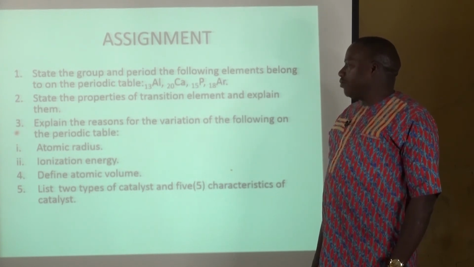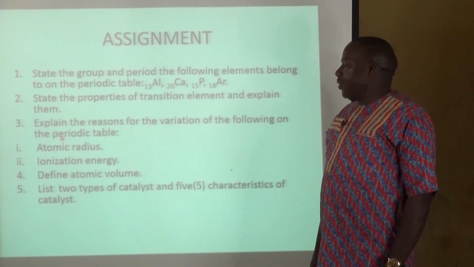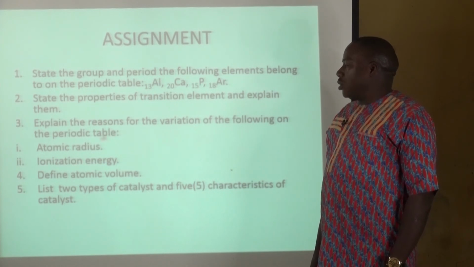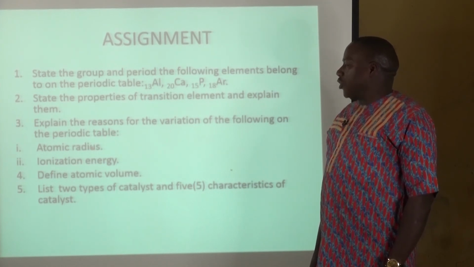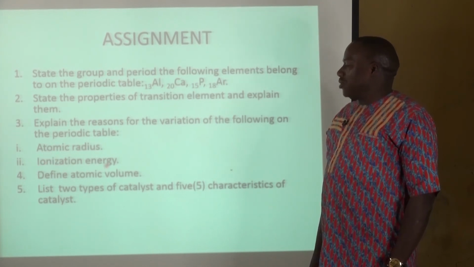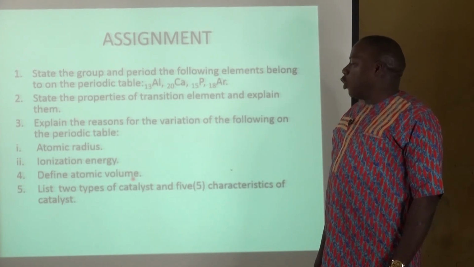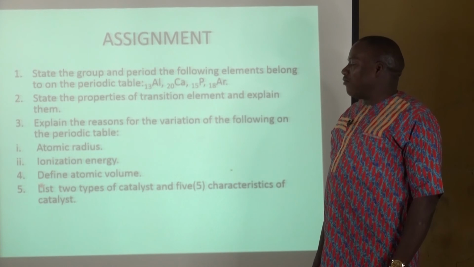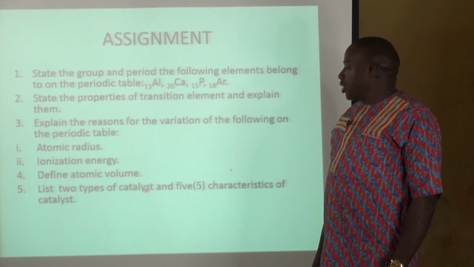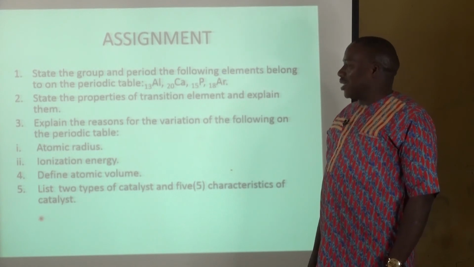Question number 3, explain the reasons for the variation of the following on the periodic table. The first for question number 3 is atomic radius. The second is ionization energy. The question number 4 is define atomic volume. Question number 5, list 2 types of catalysts and 5 characteristics of catalysts.